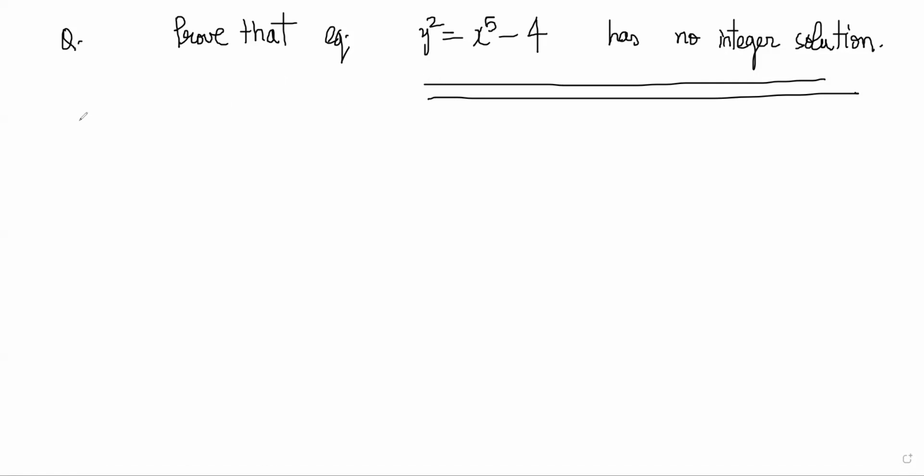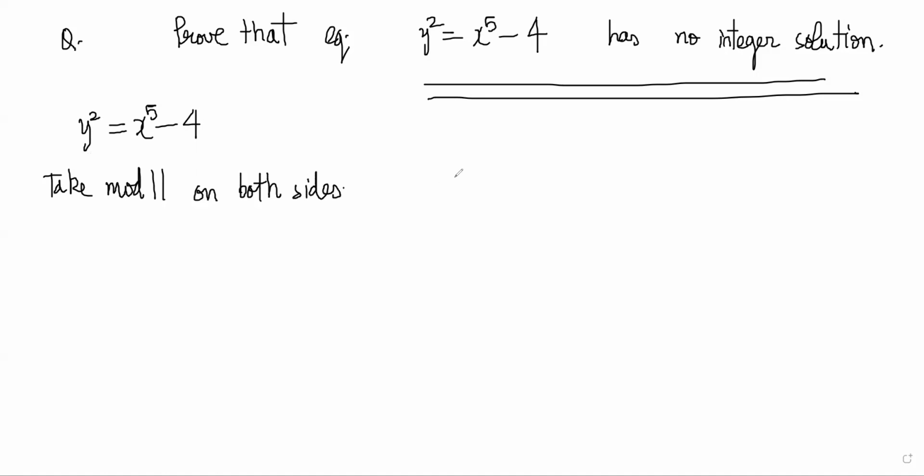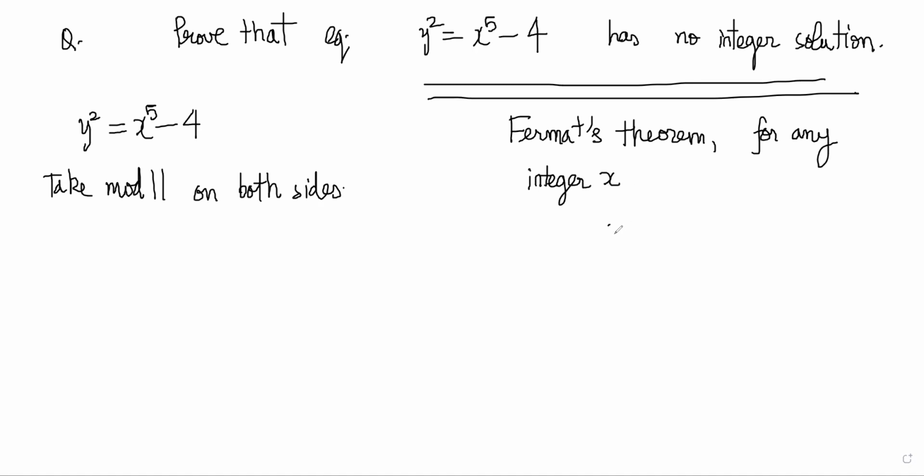We can write it like this: y squared is equal to x to the power 5 minus 4, and take mod 11 on both sides. Why mod 11? Because we know from Fermat's theorem that for any integer x, x to the power 10 will be congruent to 0 or 1 mod 11.